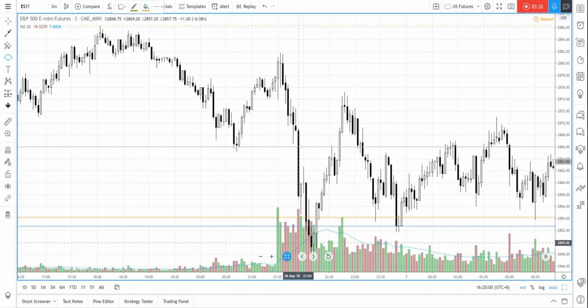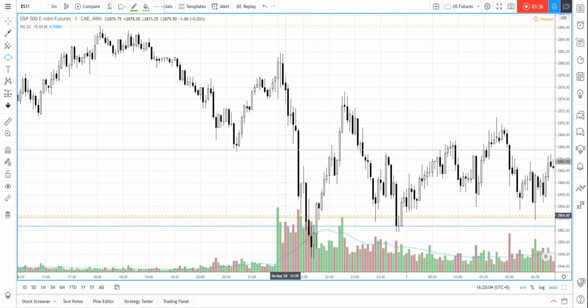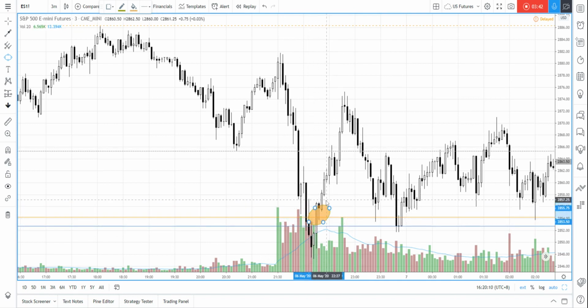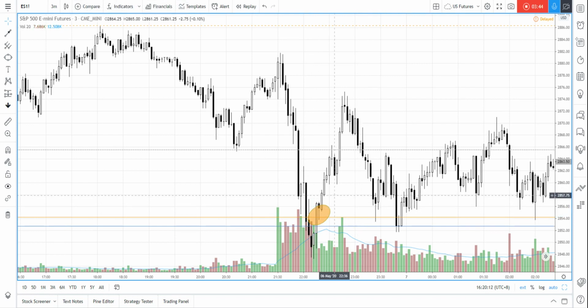It bounced up from this level, or you can just draw a few more lines, it doesn't really matter. Once you see the reversal, this is somewhere we can initiate a long entry. Reversal, then a backtest with this bar. So this is the kind of entry that I will take. And with a trailing stop, you can probably exit somewhere around there.